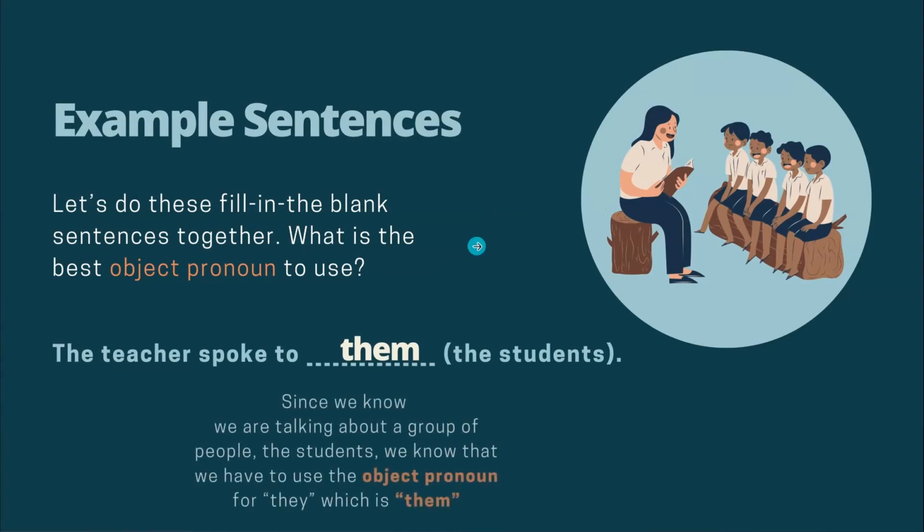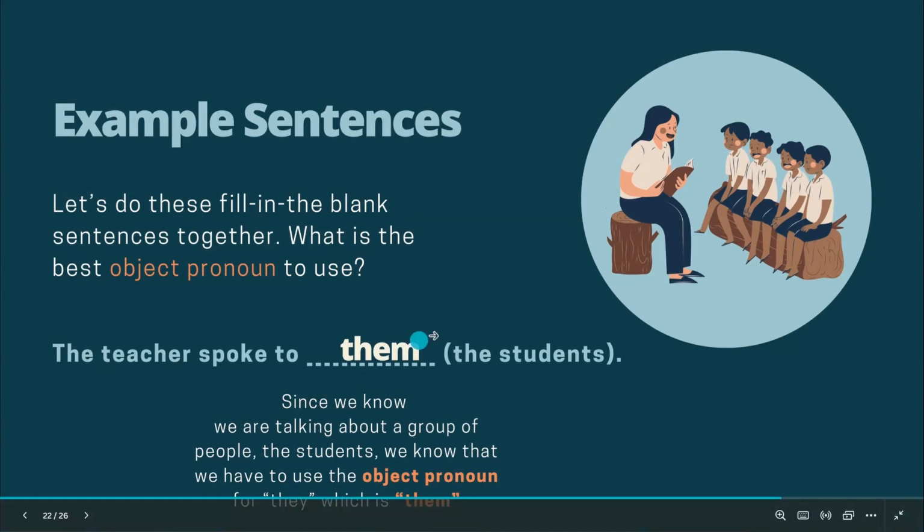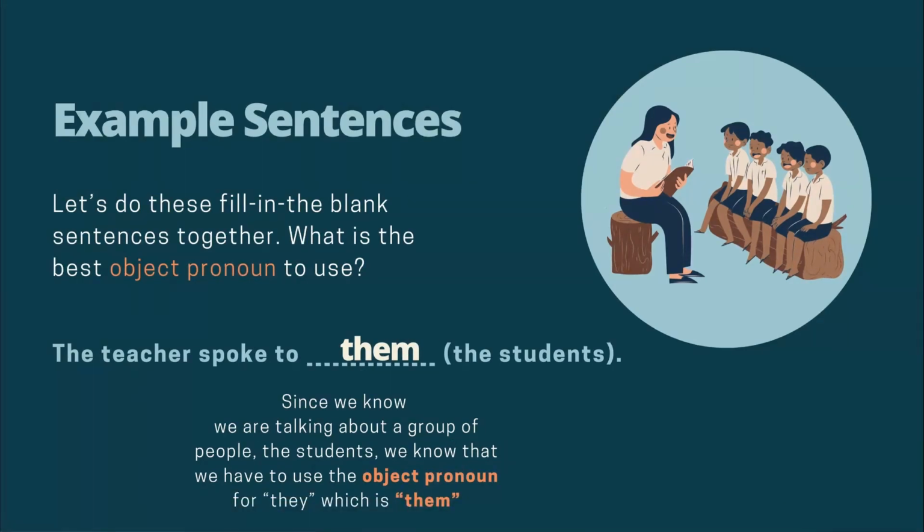Since we know we're talking about a group of people, many people, the students, plural, we know that we have to use the object pronoun for they. And so if we look to our chart and look at the subject they, then we can find the object pronoun, which is them.